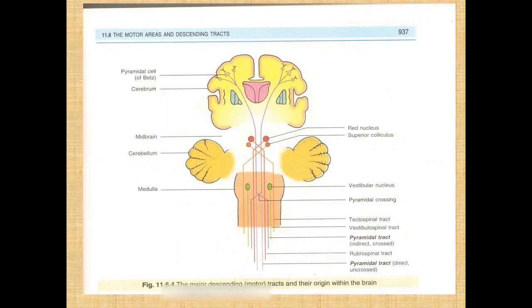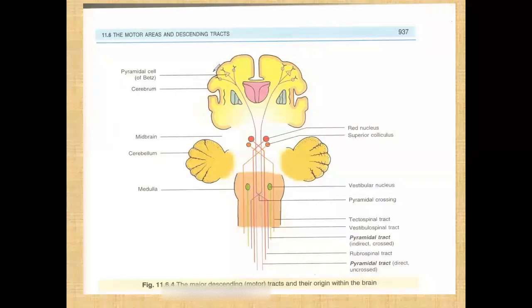Now, if we see a longitudinal section, we will roughly get an idea of how the descending tracts move down. You can very well see that at the top we have the motor cortex, and in this motor cortex we can see radiations of the descending tract coming, and these are known as the corona radiata.